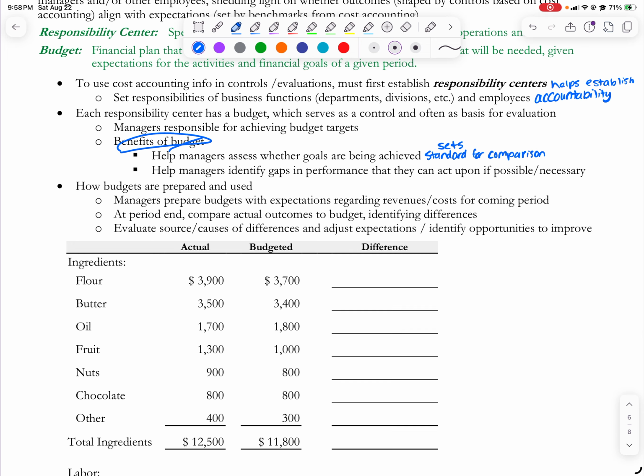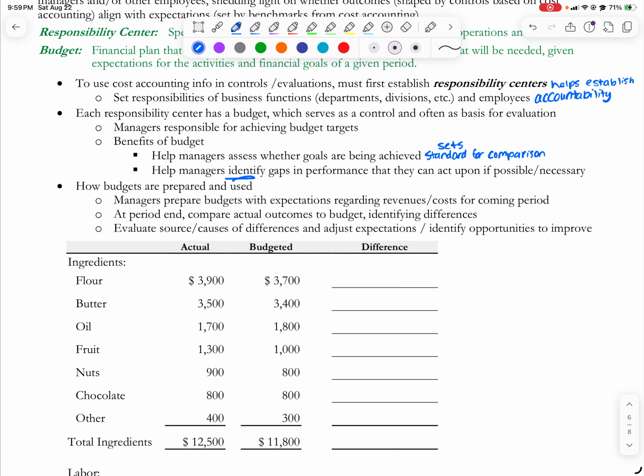The benefits here of the budget is it helps managers along the way. It's like before we get to the end, it helps them start seeing whether they're meeting their goals. Basically, that benchmark is there, it's communicated to them. They can track where they are and see how their performance is measuring up against the budget. So it helps them make adjustments, even maybe before we get to the final stage where we're evaluating what actually happened with the budget.